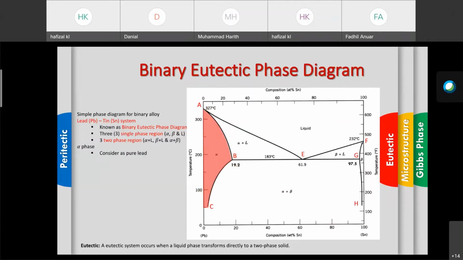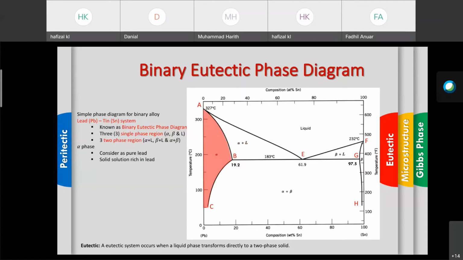This region we consider as pure lead, because there is no mixture with other elements. In this area we have the mixture of liquid, and this area is the mixture of beta. Here we consider it as pure lead, and this is a solid solution.